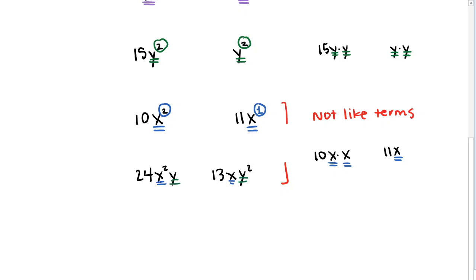But although we see the same exponents, they're not matching on the same variables. Here the exponent of 2 on this x variable doesn't match with the exponent on this x variable, which is just 1. So right away we can say that these are not like terms, but we can also look at the y variable and see that the exponents don't agree there either, 1 and 2. And so these are also not like terms.